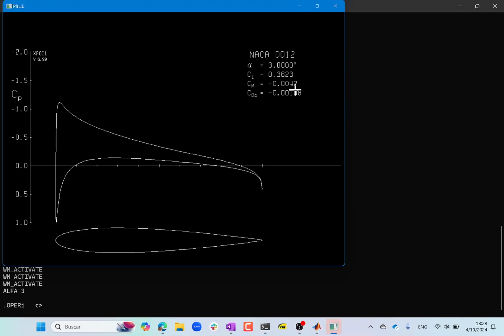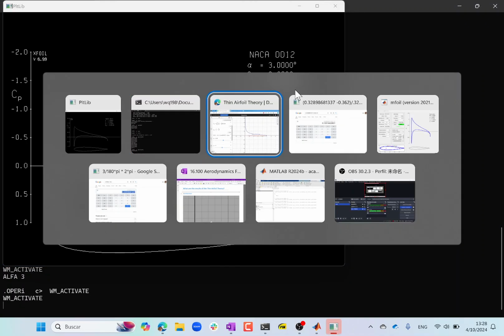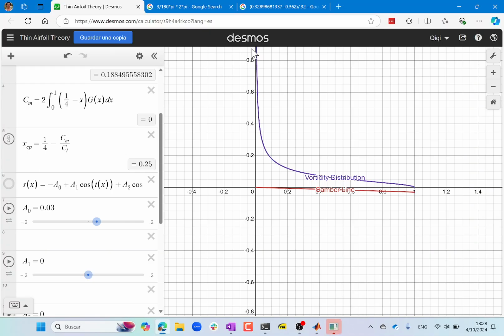Yeah, so the moment coefficient is going to be something negative, right? Do you remember for a negative moment coefficient, is it a nose down or nose up moment? Nose down, right? Okay, and one way to explain this is that for thin airfoil theory, there is a huge, although very tiny, suction peak right at the leading edge.